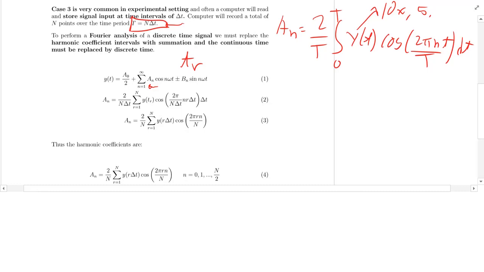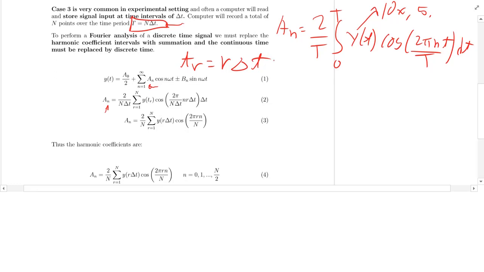We don't want to confuse it, since we take discrete samples but still need to maintain our harmonic coefficients. So nothing crazy, but time at any given r value, as we'll see in a second with an actual example, is just r times the number of discrete points times delta t.